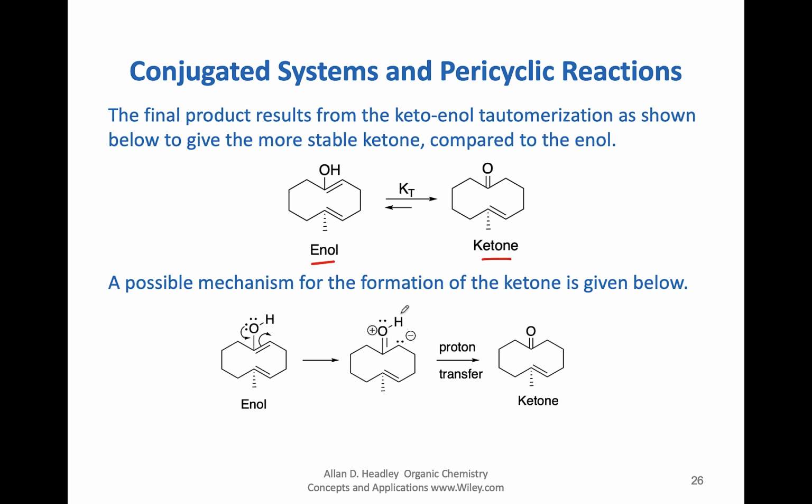So we'll have a proton transfer from here to neutralize this carbon, and that gives the ketone. So we call this step a proton transfer step because this is charged and not stable. So the proton quickly goes from here to the conjugate base here to form the ketone, a very stable product.